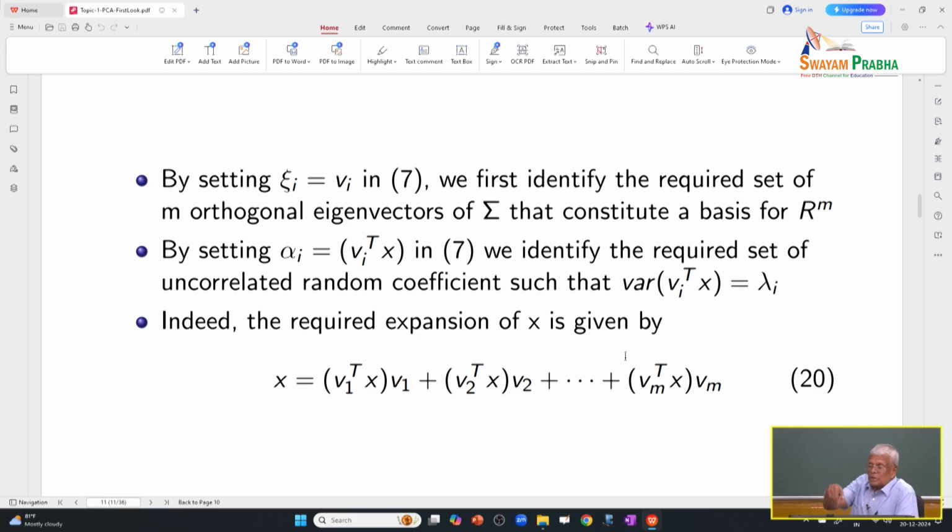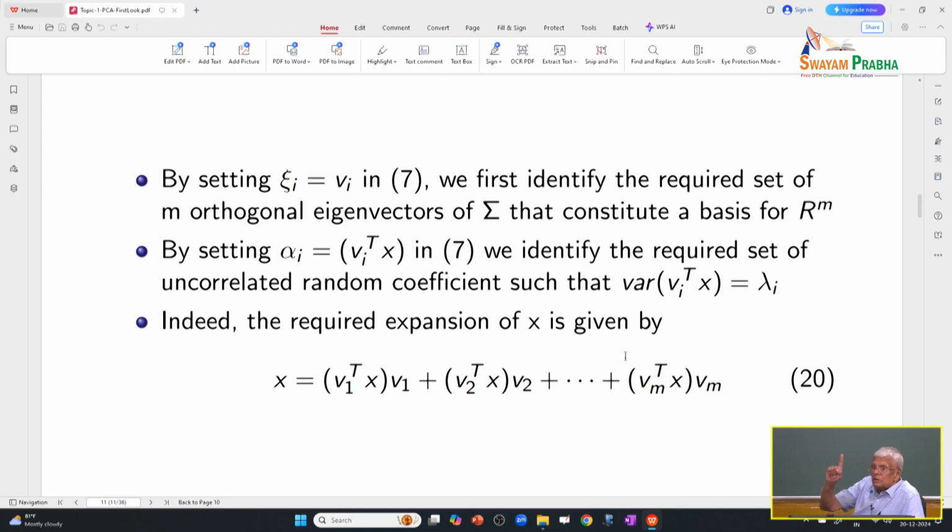The answer is coming from the previous analysis, by setting xi i equal to Vi. What is Vi? The Vi's are the eigenvectors of sigma. We first identify the required set of m orthonormal eigenvectors to be the principal directions.